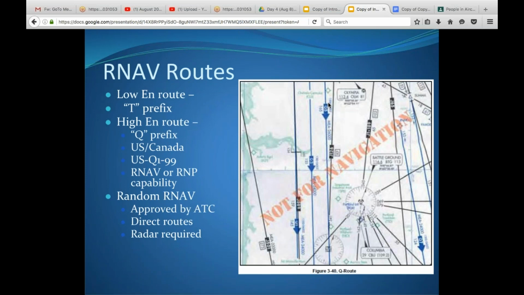You tune in a radio in the airplane, and there's an instrument inside the aircraft that has a little airplane on it, and it has a needle, and as long as you're on that needle and it says that you're going to the station, basically you'd fly right over the top of that radio station. It's pretty cool stuff though.